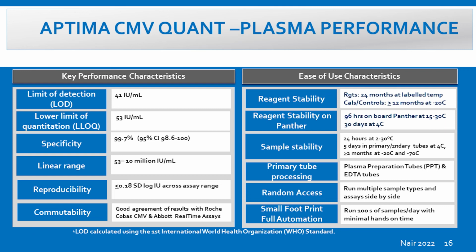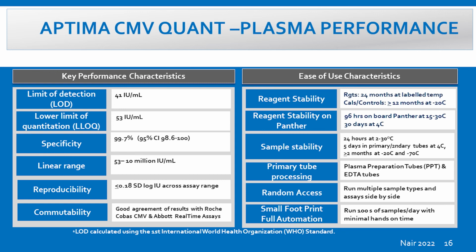The reagents have 2 years stability, and you can leave the reagents on board for at least 4 days so that you can load the samples as they come into the lab and really practice random access without the need for any batching.